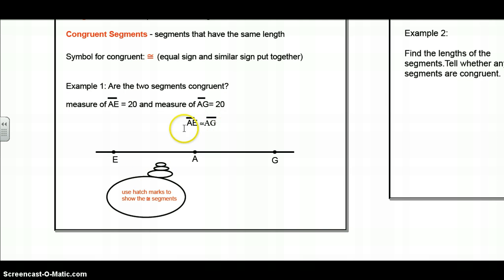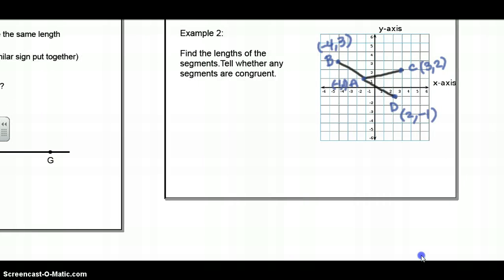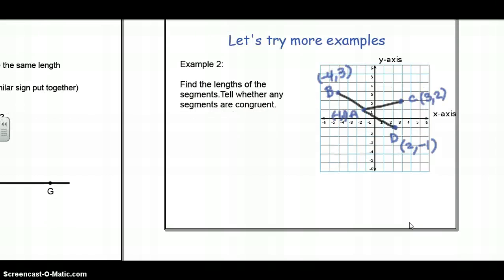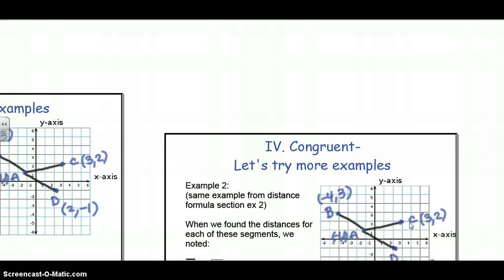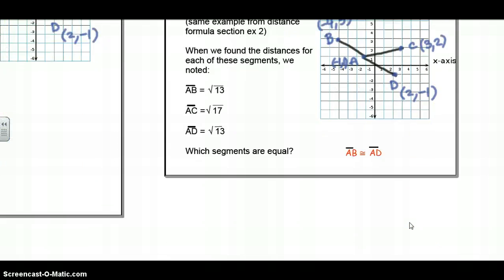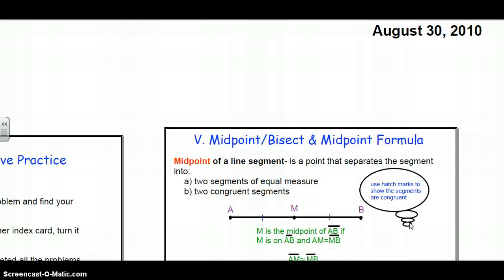So yes, they are segments that have the same length, therefore they are congruent. So yes, AE is congruent to AG. We won't try examples for congruent because we want to get to the last part, which is the midpoint.